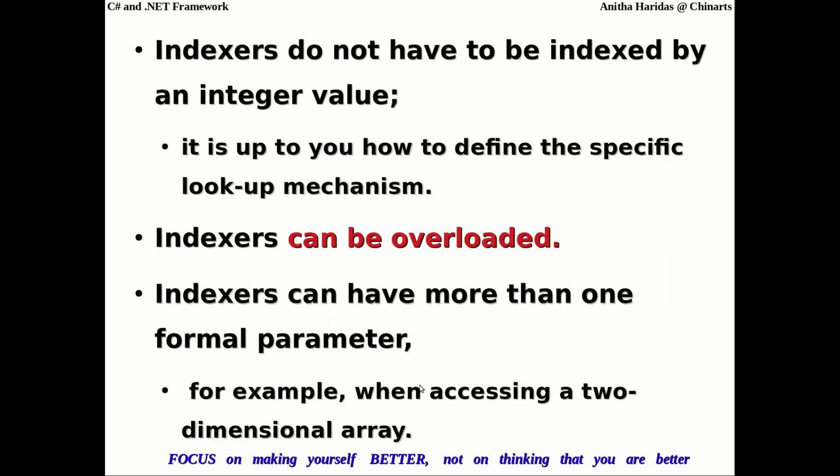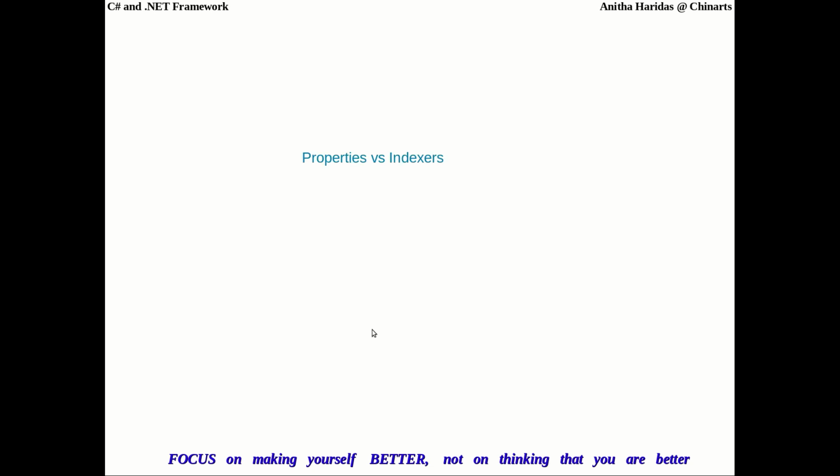So that is what it says. Your indexes can also be overloaded, and your indexes can have more than one formal parameter. That is what I told you. If you want to have some two-dimensional array to be manipulated, more than one formal parameter will be set. So your indexes can be overloaded, which cannot be done with your properties, and your indexes can take more than one arguments also for managing.